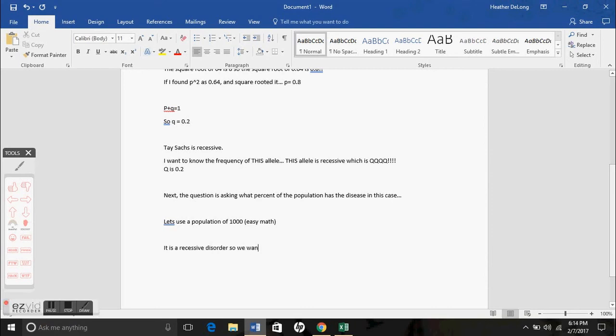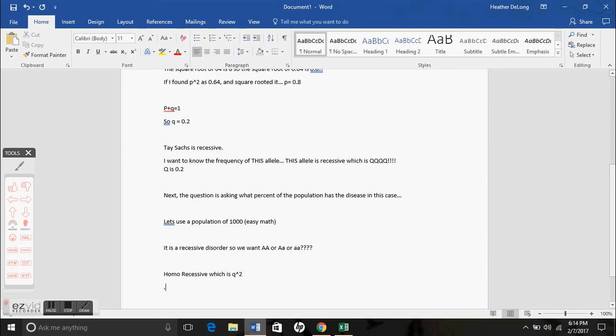Well, I'm looking for the individuals that have gotten both recessive alleles from their mother and their father. Therefore, I'm looking for the homozygous recessive individuals. Our homozygous recessive individuals are calculated by finding Q squared.